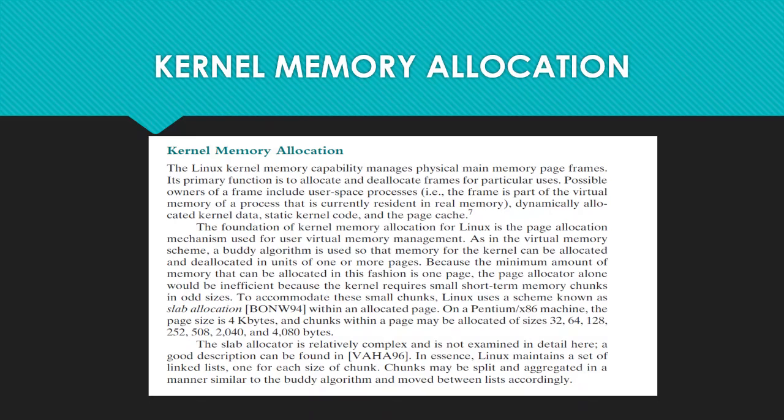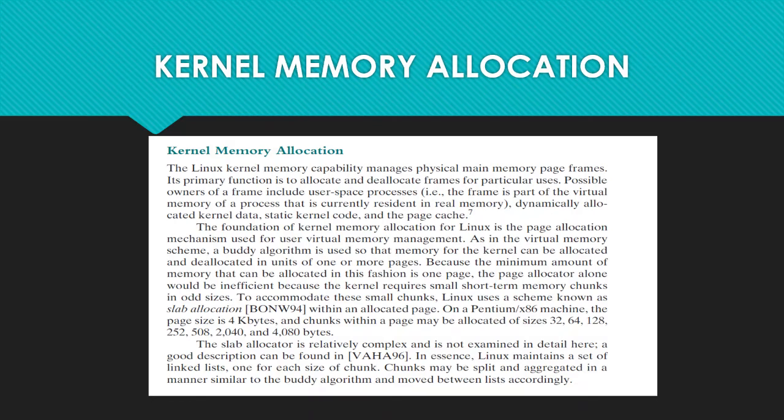Possible owners of a frame include a user space process, that is, the frame is part of the virtual memory of a process that is currently resident in real memory, dynamically allocated kernel data, static kernel data, and the page cache. So basically the first paragraph tells about the function of kernel memory.